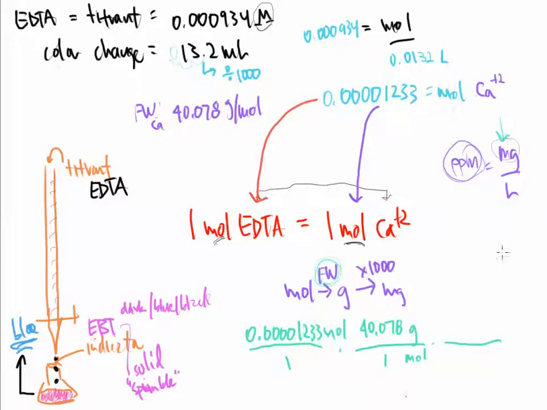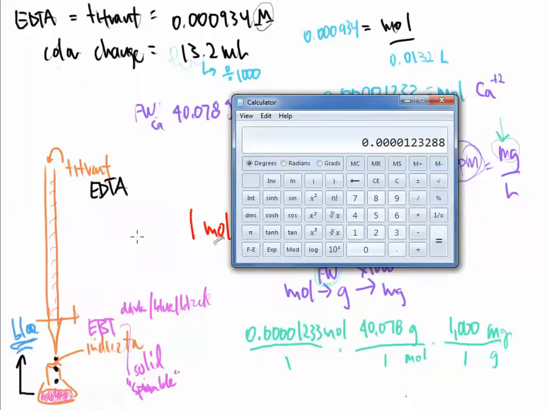ppm means milligrams, right? So I'm going to have to convert my grams over to milligrams. Gram on top, gram on the bottom. I need to go to milligrams. So there's 1,000 milligrams in 1 gram. Alright, so there's the setup. Then I'm going to come through and use my calculator, 0.00001233.